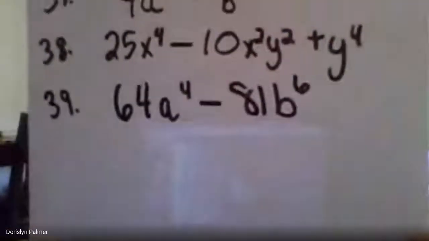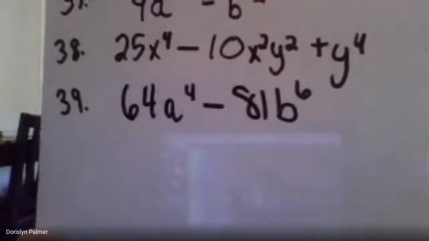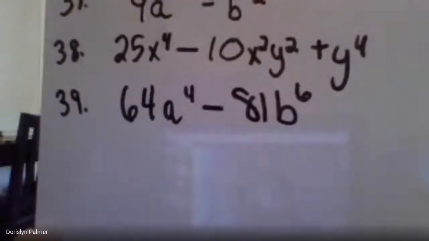Now I just have to square my last, and this one's always going to be a minus in the middle. So minus 9b cubed times 9b cubed. 81b to the 6th. All right, you did it. So that one wasn't too bad. Don't let the higher exponents intimidate you.